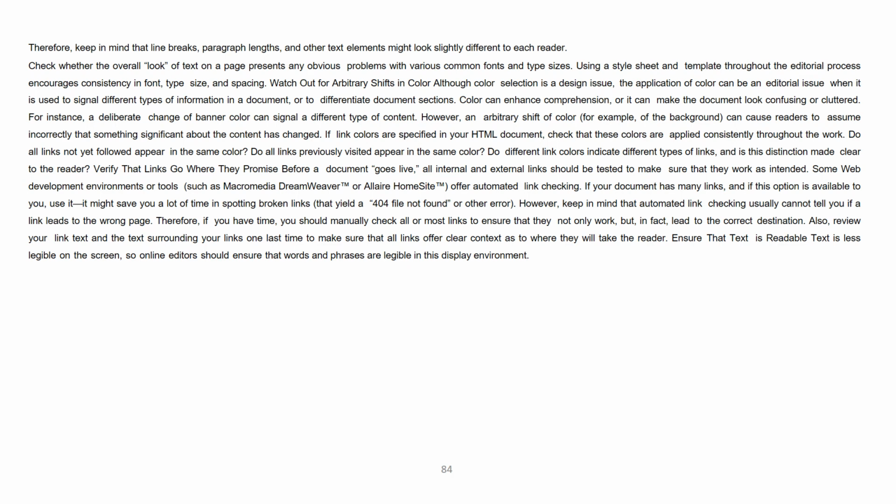However, an arbitrary shift of color, for example of the background, can cause readers to assume incorrectly that something significant about the content has changed. If link colors are specified in your HTML document, check that these colors are applied consistently throughout the work.